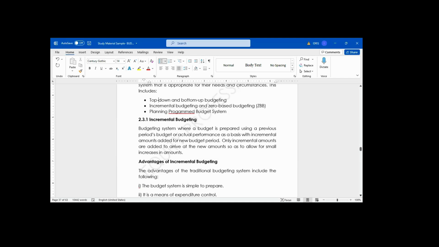Incremental budget is a budget system where budget is prepared using previous period results or previous period actual performance as a base for preparation of what? For preparation of future budget.